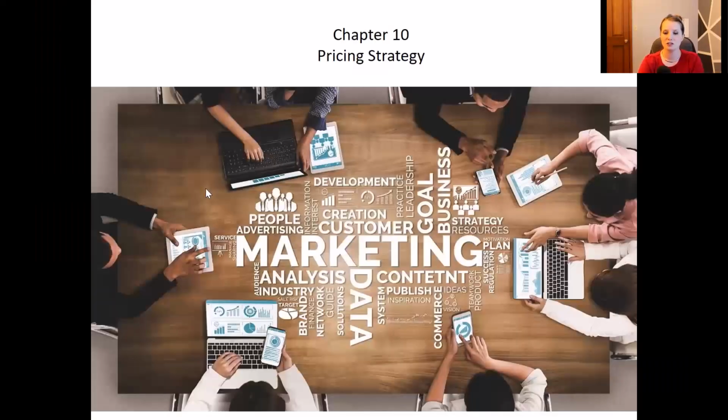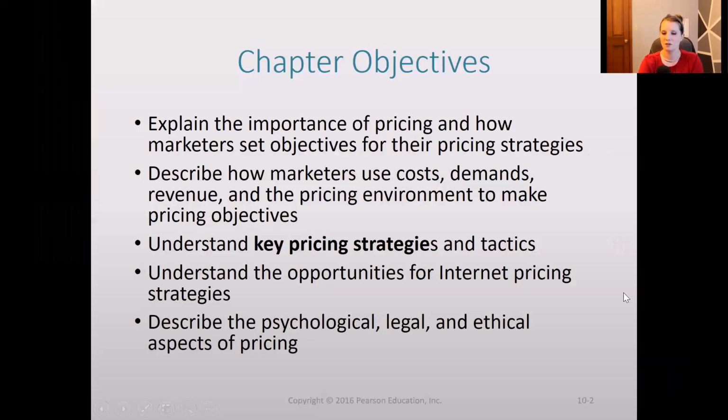Okay, so let's think about pricing for a few minutes. When we think about our pricing strategy, we have a few things we want to remember. We're going to talk about why pricing is important, how we set objectives for pricing, the factors that influence pricing, and several of the key pricing strategies that are commonly used by companies.